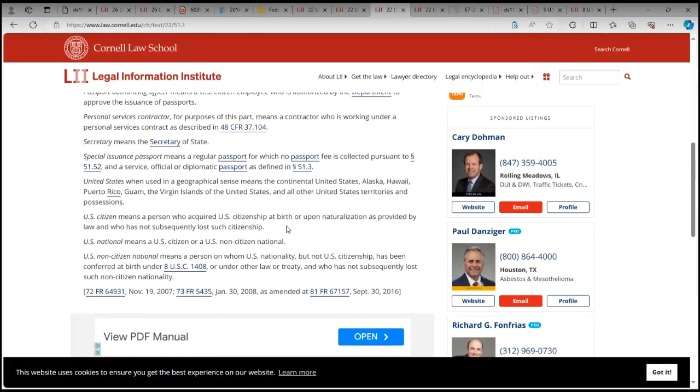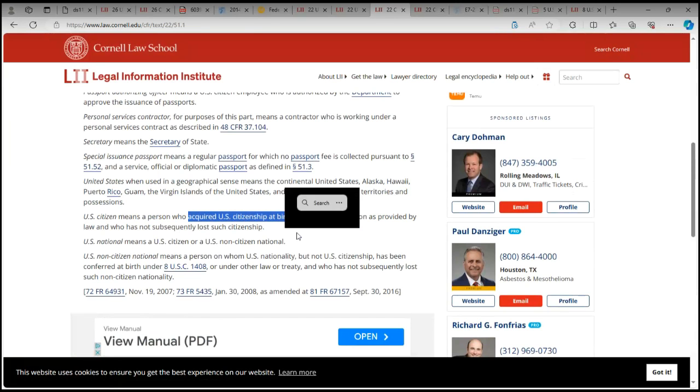The 14th Amendment does not apply to the territories, the Indian reservations, or the District of Columbia. That's why they stated it like this, because you could acquire U.S. citizenship by a privilege of an act of Congress through their territorial laws. That's how Puerto Rico has received U.S. citizenship.